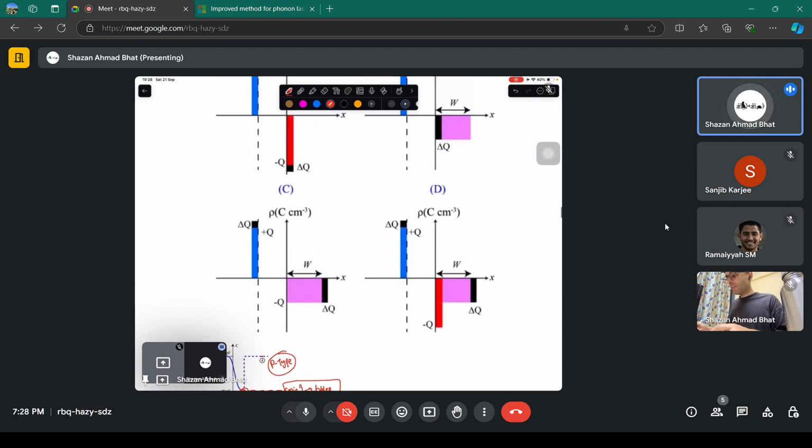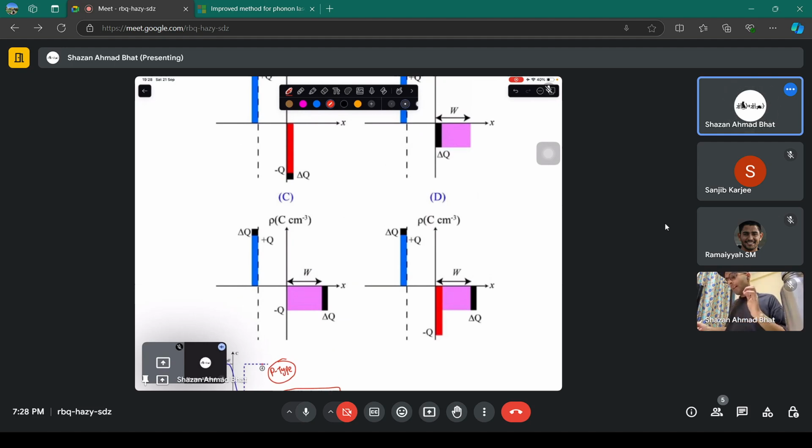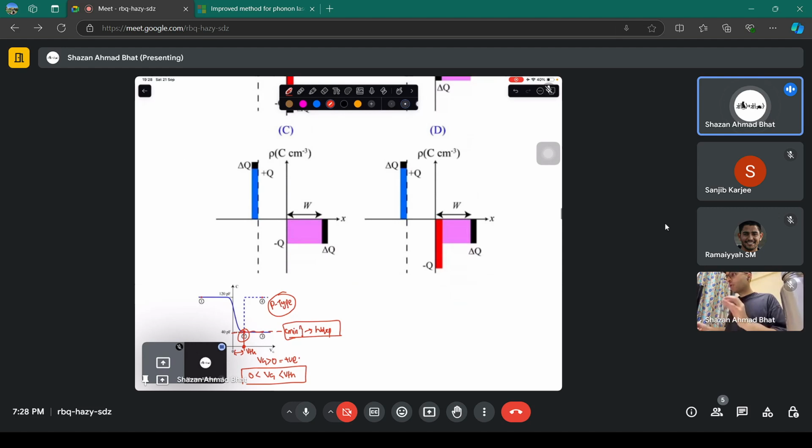In depletion, you know there will be positive charges on the metal side. There will be negative immobile ions on the semiconductor-oxide interface side, near that depleted region. And because a small signal is also applied, there will be slightly more delta Q charges.